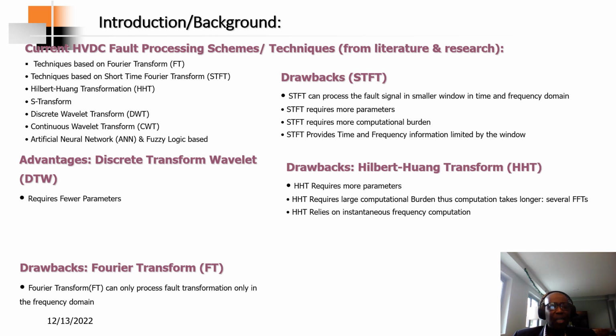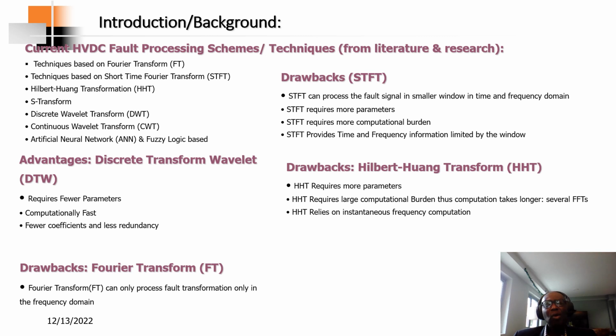Now let's talk about the discrete wavelet transform, compared to the continuous wavelet transform. It requires fewer parameters. As such, it requires a smaller computational burden. As such, it is computationally fast, and that is what is required for DC fault detection and processing.